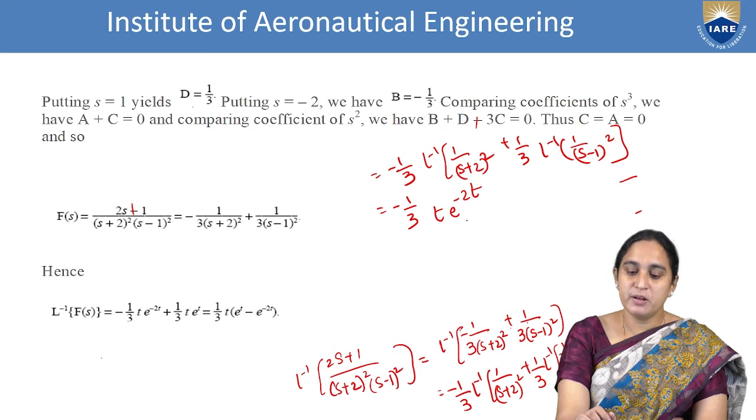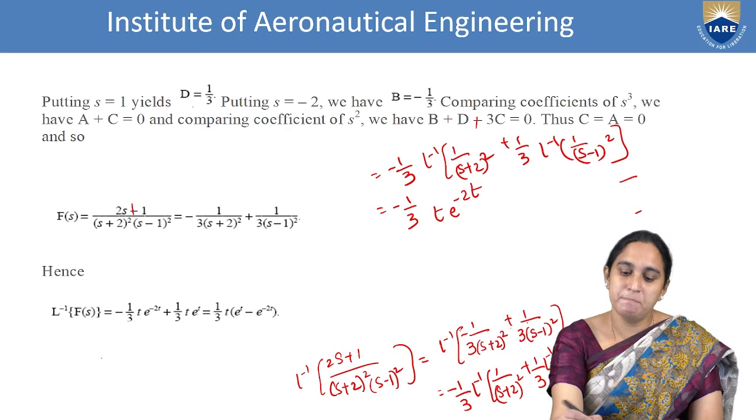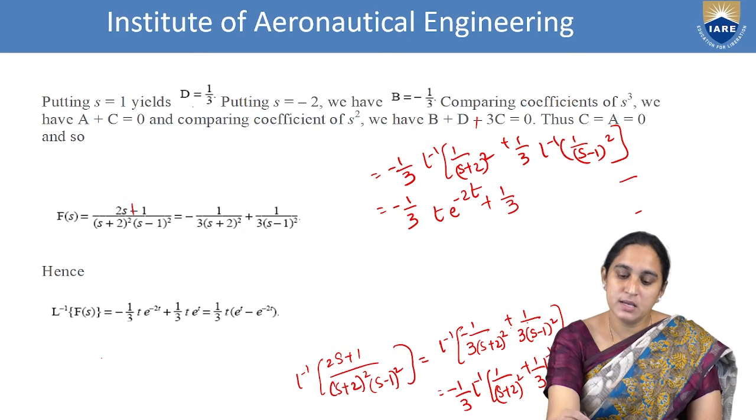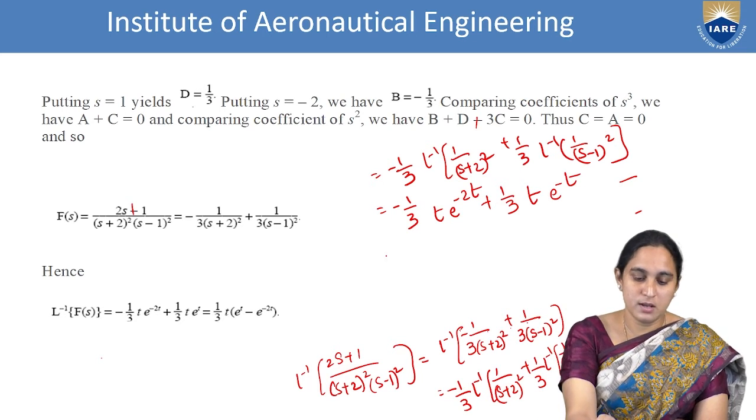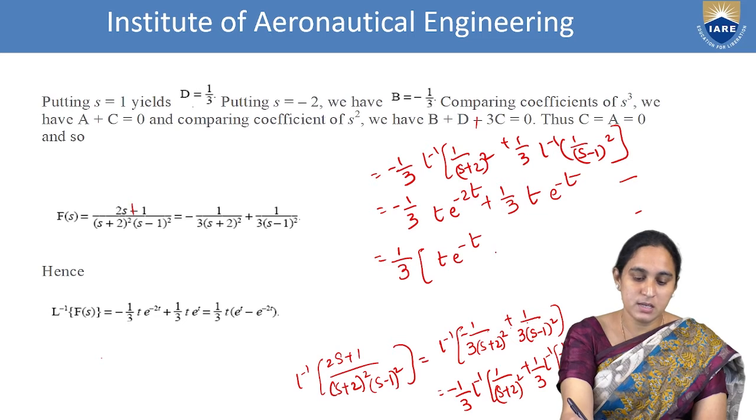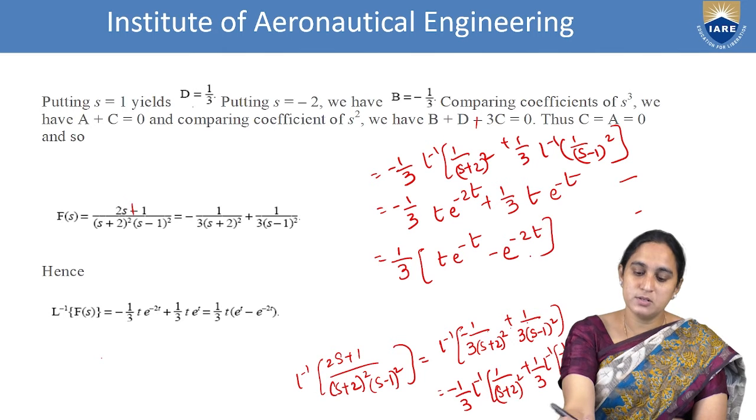Plus 1 by 3 into, again the same, t into e power t. Therefore, the answer is 1 by 3 into t into e power t minus e power minus 2t.